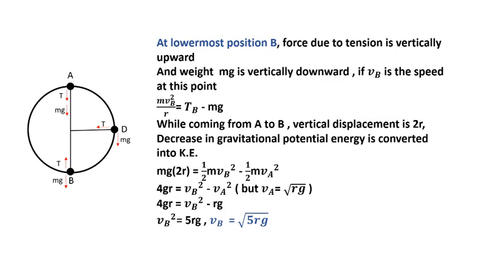But we know that the velocity at topmost position A is root rg. Therefore, 4gr is equal to vb square minus rg, or gr. Therefore, we get vb, the velocity at the lowermost position, as root 5 rg.